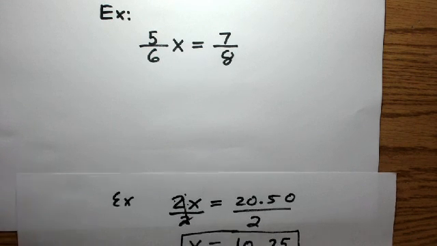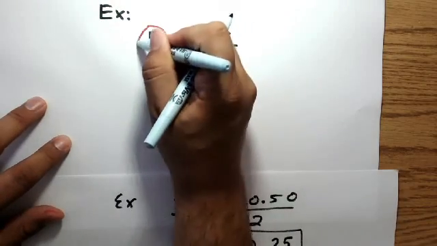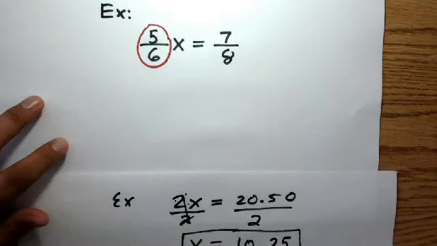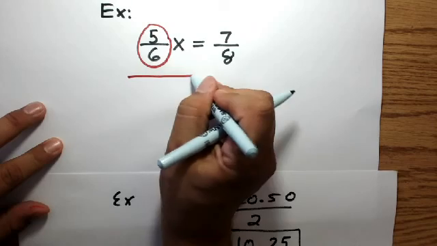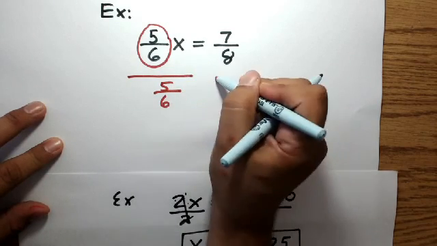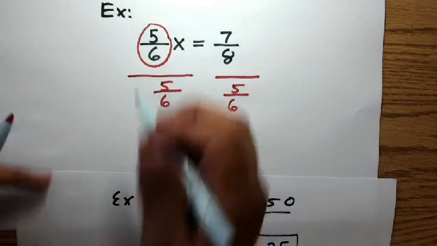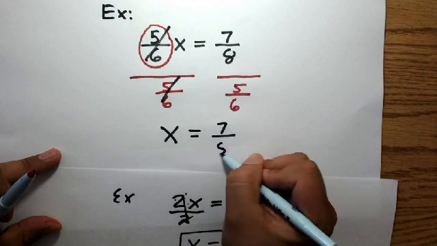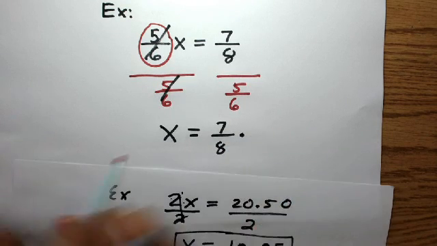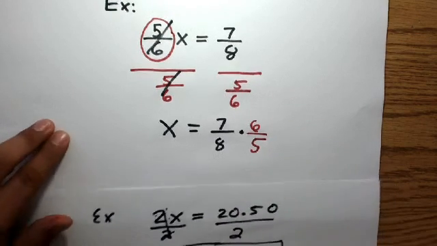Since this is 5/6 times x, I'm going to divide both sides by what? So I divide this side by 5/6, I divide this side by 5/6, and what am I left with? X equals 7/8 times what? 6 over 5. You see that?